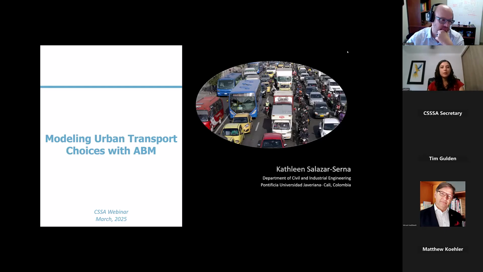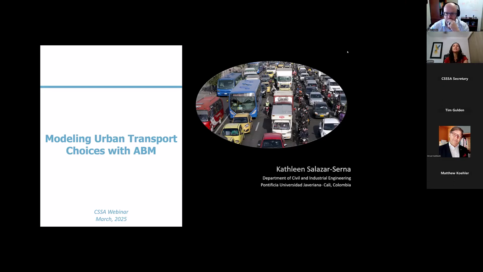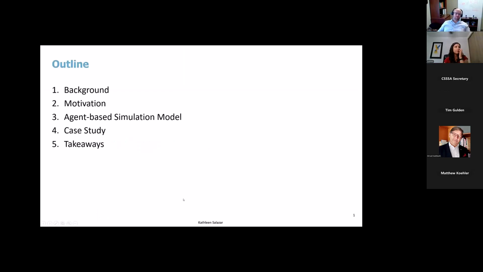Yeah, we will be talking today about urban transportation and how to represent the mode choices of urban travelers. This is the outline I have today. I will start with a little bit of background about transportation modeling, then present the motivation for this research.